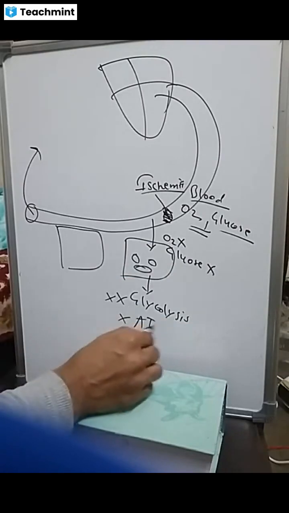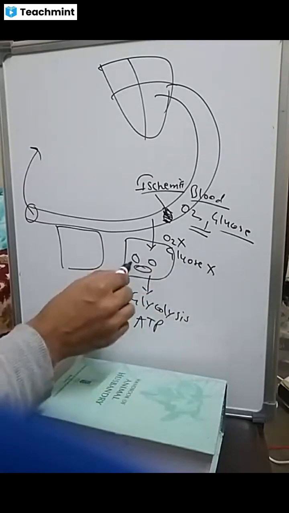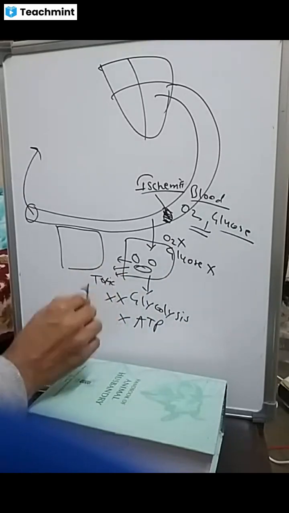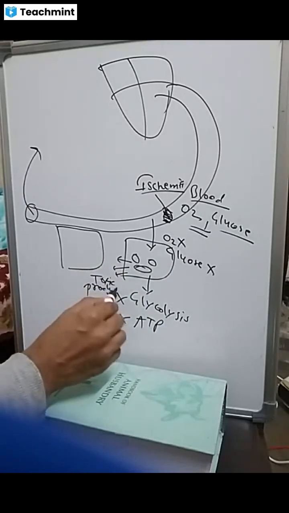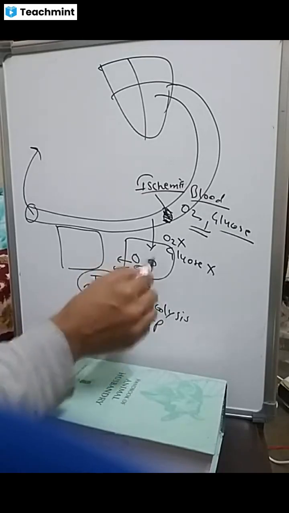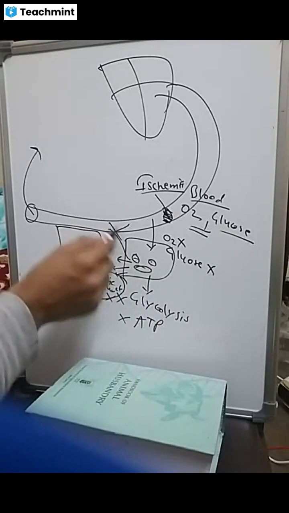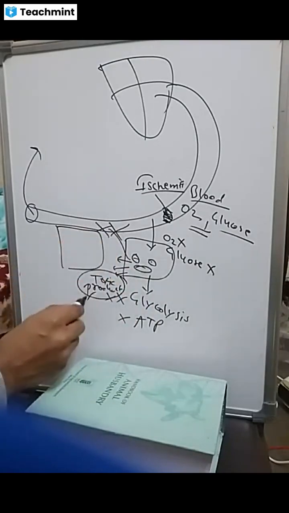Therefore, no ATP, plus whatever toxic products are synthesized by this cell, they are not going to the blood, so they also accumulate.